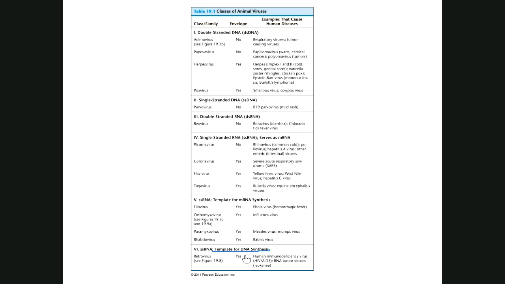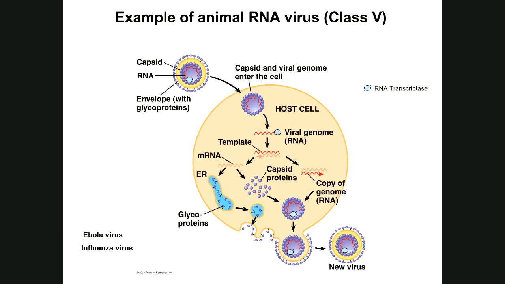So when scientists discovered this, they realized, oh my God, we've got a huge problem here. Why would a virus want to take its genetic information in the form of RNA and convert it back into DNA? Well, it's so it could hide its information in the host cell's DNA.